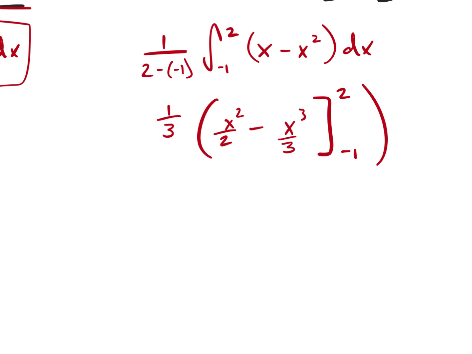When I plug in 2 first, we get 2 squared over 2 minus 2 cubed over 3. And then minus, we're going to plug in -1 next, so -1 squared over 2 minus -1 cubed over 3.